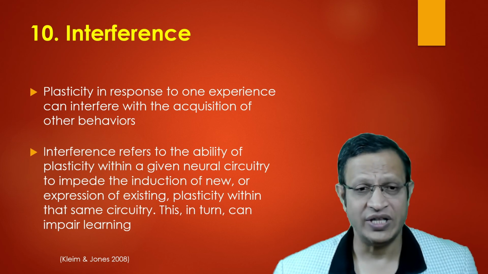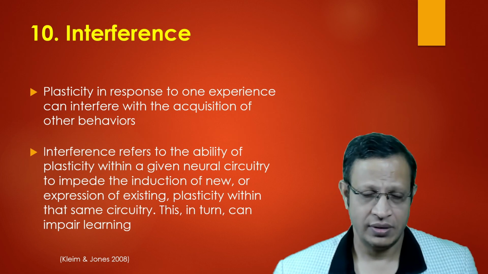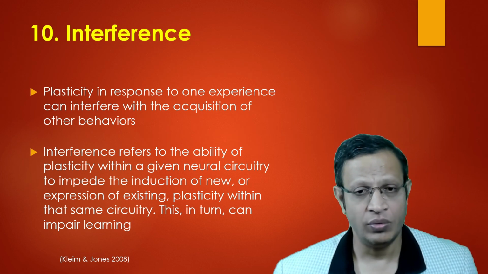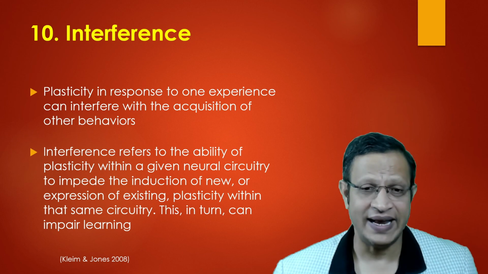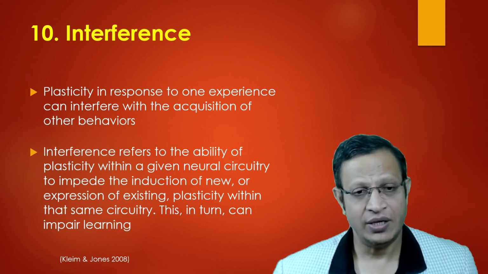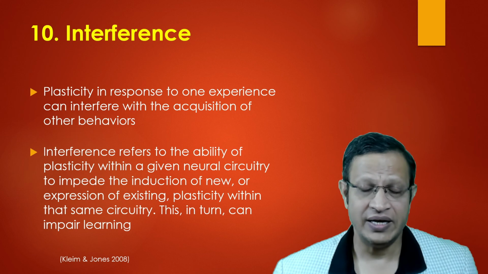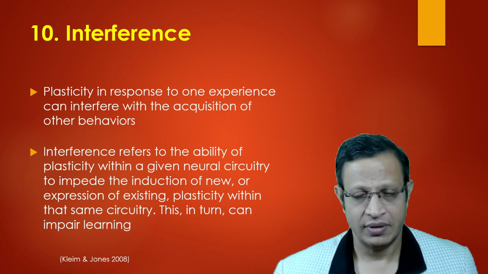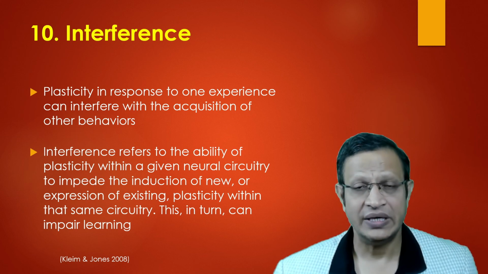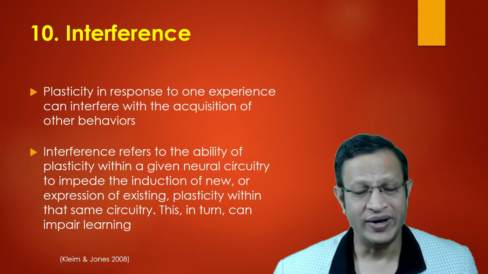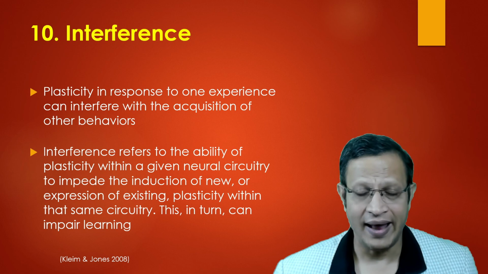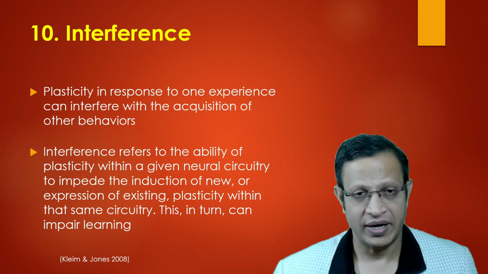Interference refers to the ability of the plasticity within a given neural circuit to impede the induction of new or expression of existing plasticity within the same circuit. This in turn can impair learning. And sometimes the interference of one connection may lead to interference of learning and neuronal plasticity, my dear friends.